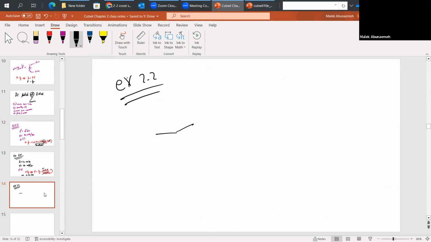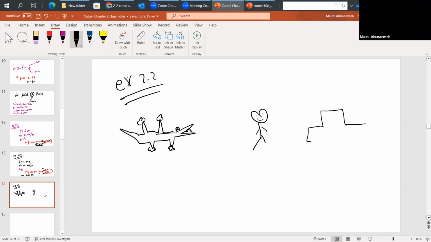I'm really a bad drawer, so I'm just going to draw the best alligator I can. Here's his eye, here's his teeth, and this is his little feet. And you're over here, and here is the car. You run away to safety.